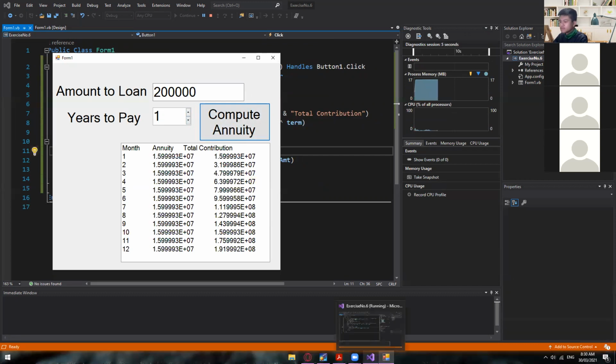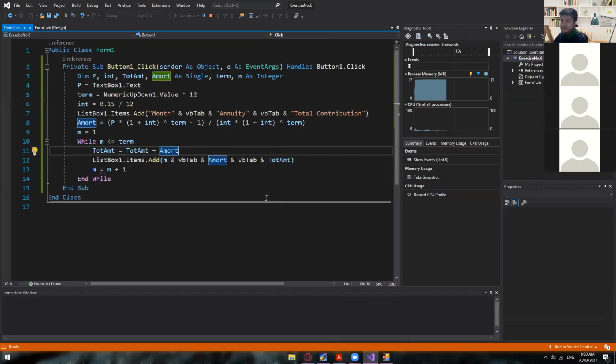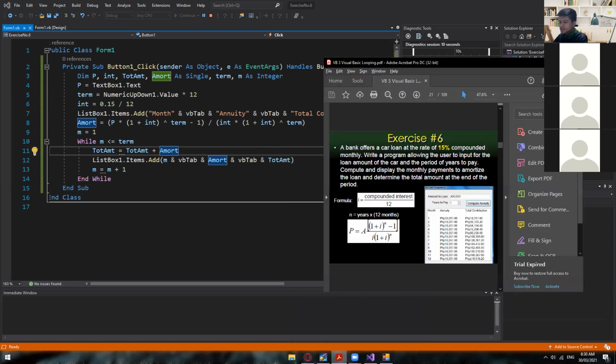What happened? Unless the formula right here is really the opposite. We just simply follow the formula. P is equal to... Anyway, I guess there is a correction regarding this one.